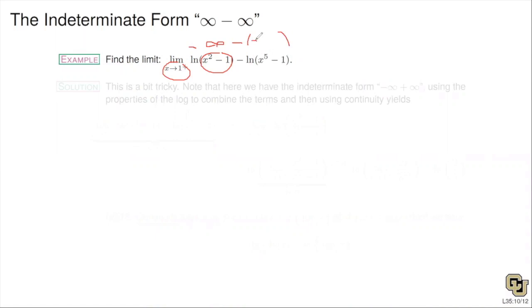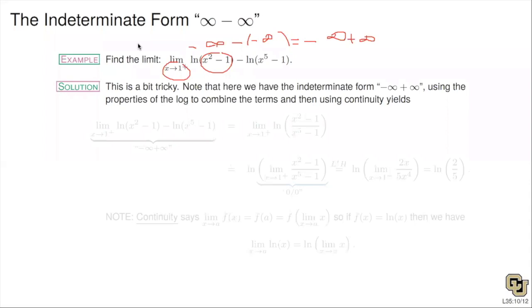So this goes to negative infinity. So here, this is of the form negative infinity plus infinity, which is still indeterminate. It's not infinity minus infinity, it's a variation of it, but it's still indeterminate. That's the same as infinity minus infinity type indeterminate.